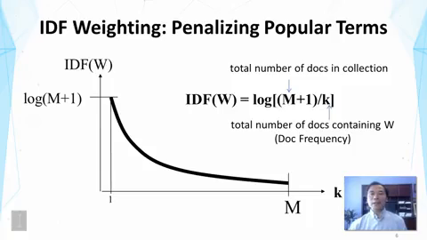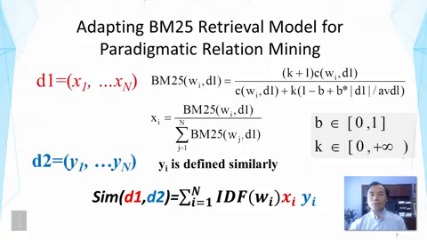So how can we add these heuristics to improve our similarity function? Well, here's one way, and there are many other ways that are possible, but this is a reasonable way where we can adapt the BM25 retrieval model for paradigmatic relation mining. So here we define the document vector as containing elements representing normalized BM25 values.